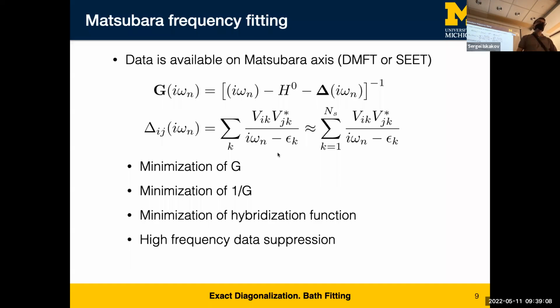Even if you have just a few of the V's, by having a Lagrange multiplier that enforces the constraint that the high frequency part goes like the expected high frequency part, you have a fitting problem where the expected high frequency part of delta goes as the sum of the V squares.